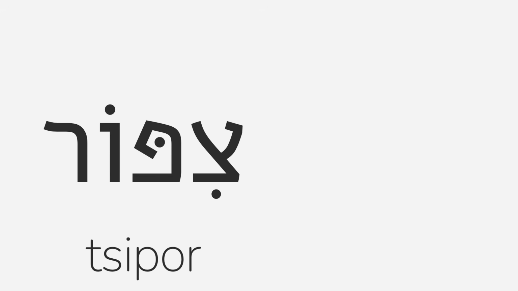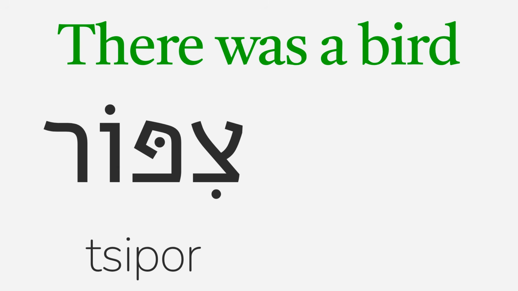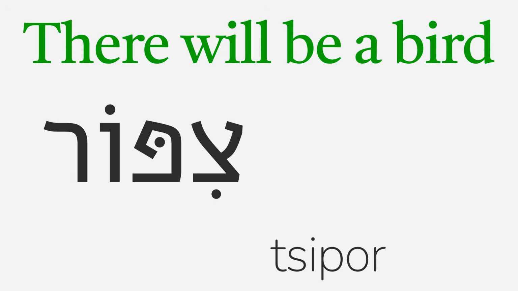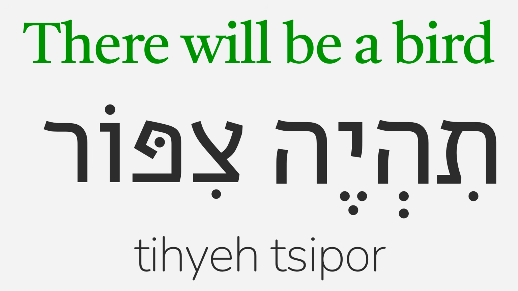Tzipor means bird, and is a feminine noun in Hebrew, a she. So to say there was a bird, we say hayta tzipor, using the verb hayta, which is the he, she form of the past tense of lihiot. There will be a bird is tihiye tzipor, again with the future tense verb agreeing with its subject.